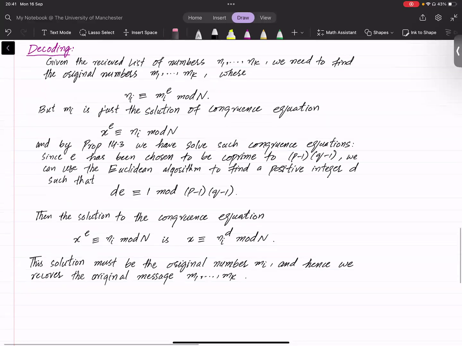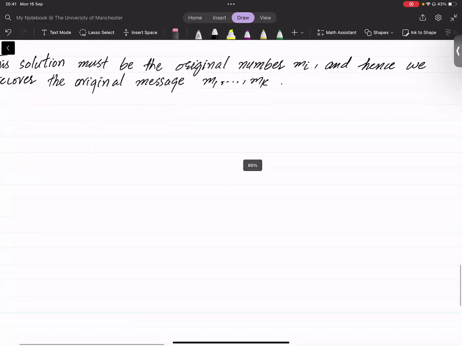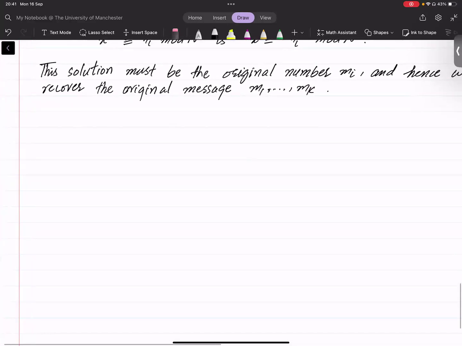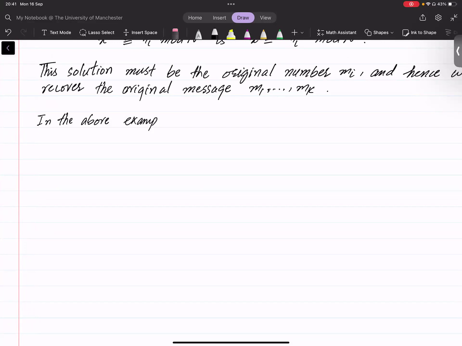So in the above example, E is 11 and P minus 1 into Q minus 1 is 2160.